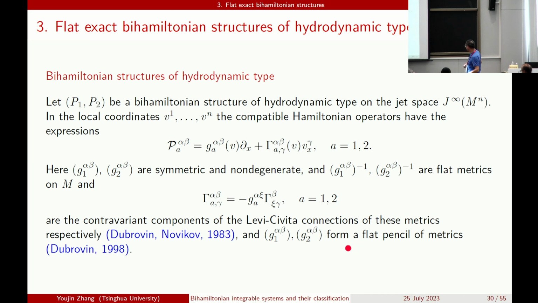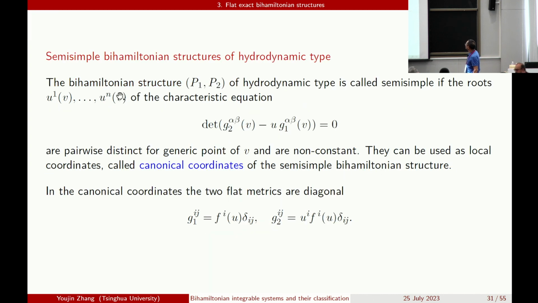And so they form the so-called flat pencil of metrics, which was introduced by Dubrovin. And then we say that this bihamiltonian structure of hydrodynamic type is semisimple. This means that we consider this characteristic equation given by these two matrices G1 and G2, and we require that they have n distinct roots U1 to UN that are non-constant.